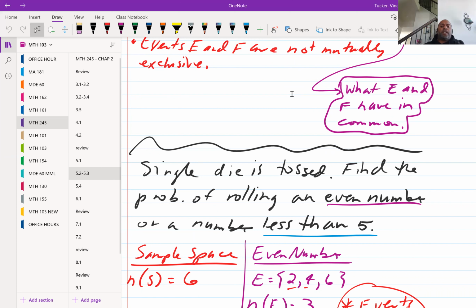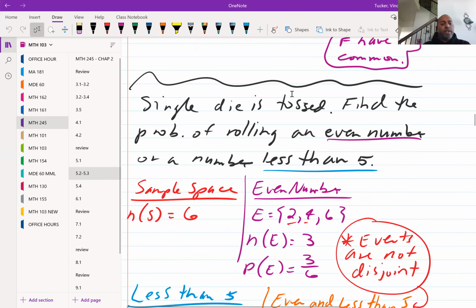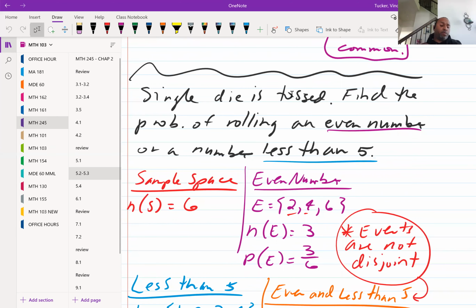So our sample space, we talked about a single die has 6 options, the numbers 1 through 6. Whenever dealing with probability, it is always easiest to go ahead and establish your sample space first. So 1 through 6, we have 6 options total. So the number in my sample space is 6.